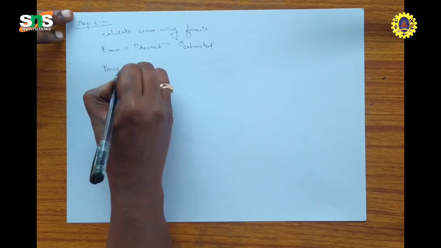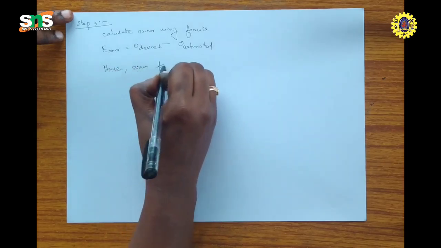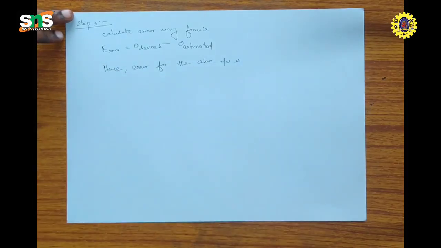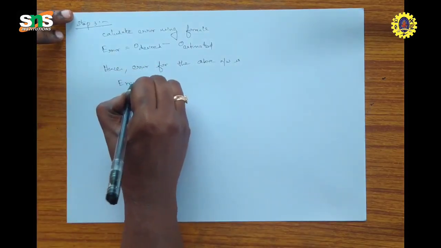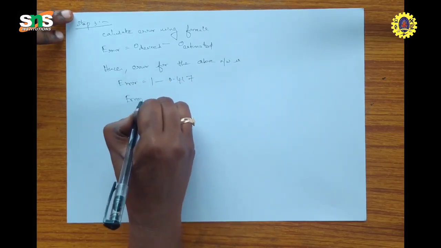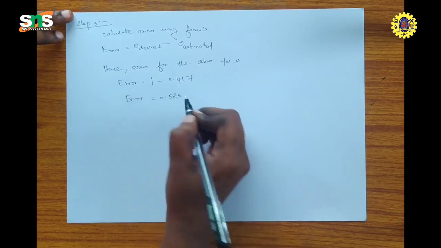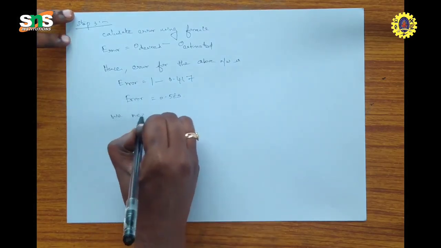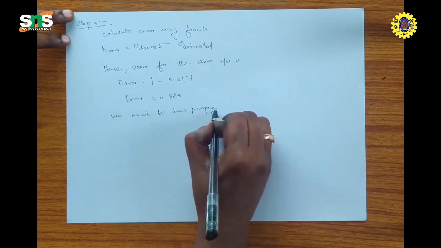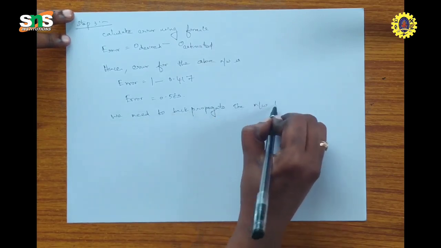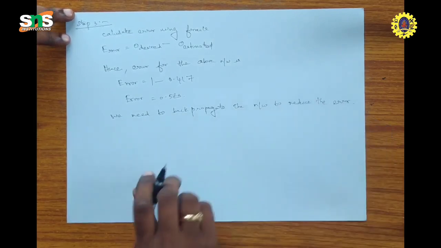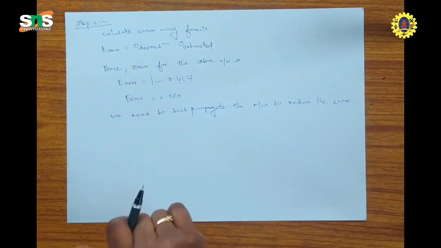Hence, the error for the above network is 1 minus 0.417, which is 0.583. Hence we need to back propagate through the network to reduce the error. I hope you are clear with this concept of the multi-layer perceptron neural network. Thank you.